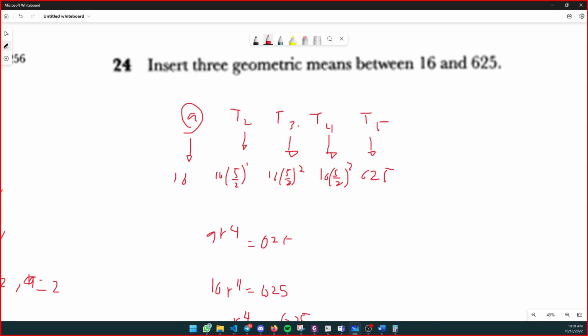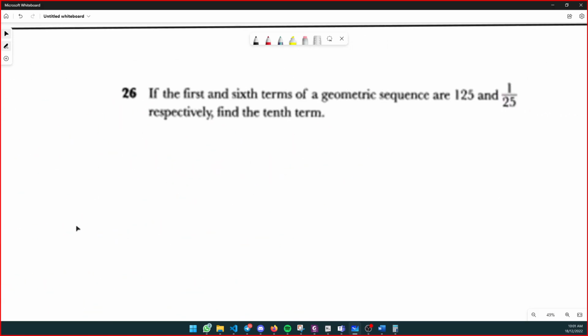Just say T2, T3, and T4 equal to these values. Okay, let's go to the next question.